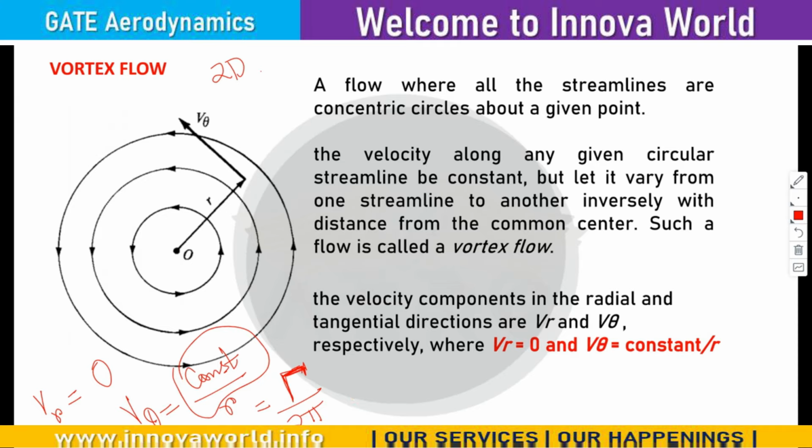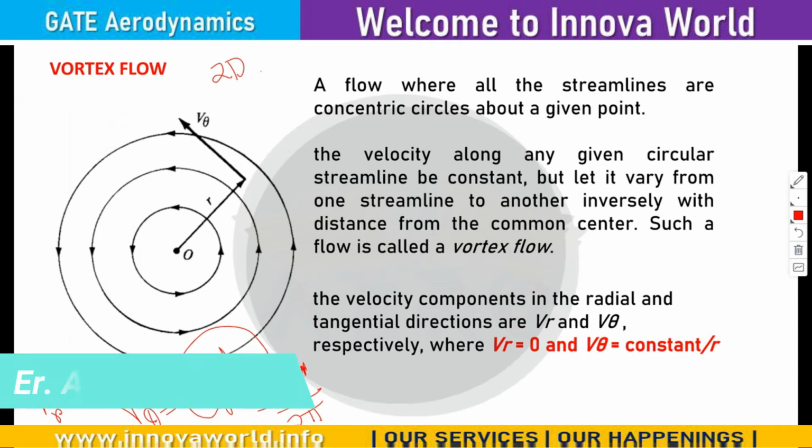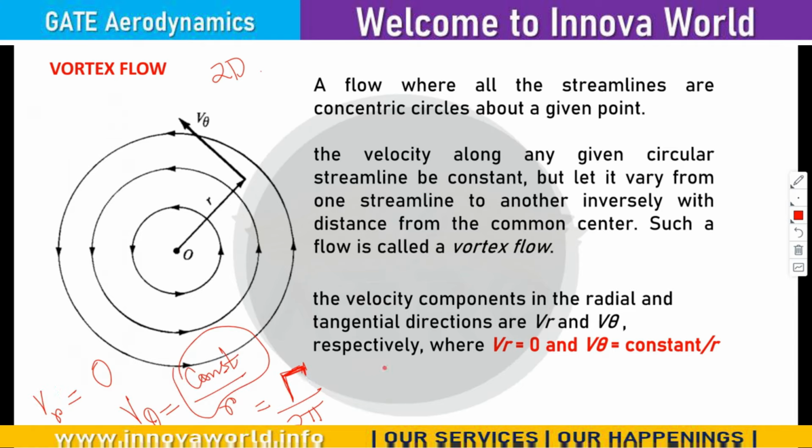Just like we have seen in a uniform flow, there won't be any circulation, but here there will be circulation. Now, the constant term is gamma by 2 pi. Gamma by 2 pi is a constant. Now if it is constant, how is it interconnected with each other?